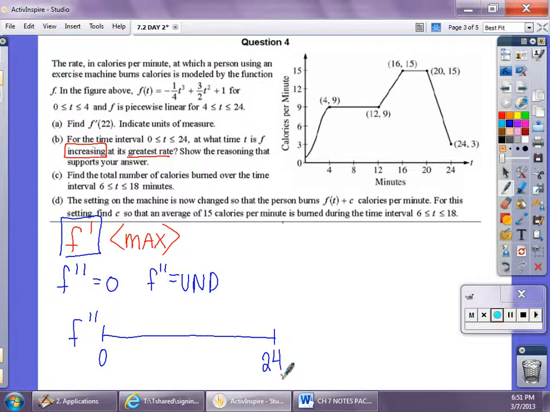But what's interesting is 0 to 24, you actually have 2 functions to deal with. One function only goes to 4, and that's the polynomial that's given up top, right here. From 4 to 24, we're talking about the function has to increase. Well, there's only one place that the function increases.